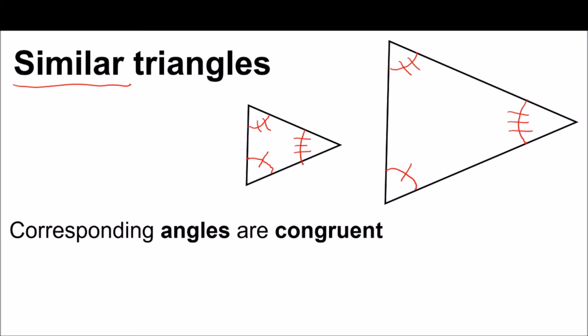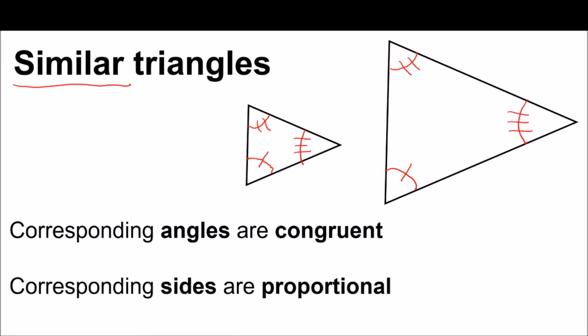But then what about the side lengths? Are the side lengths congruent? Clearly not, because one of the triangles is much bigger than the other one, right? So in similar figures, corresponding sides are proportional. And what that means is, let's take this side length on the small triangle. Let's call it A. That corresponds to that side length on the big triangle.